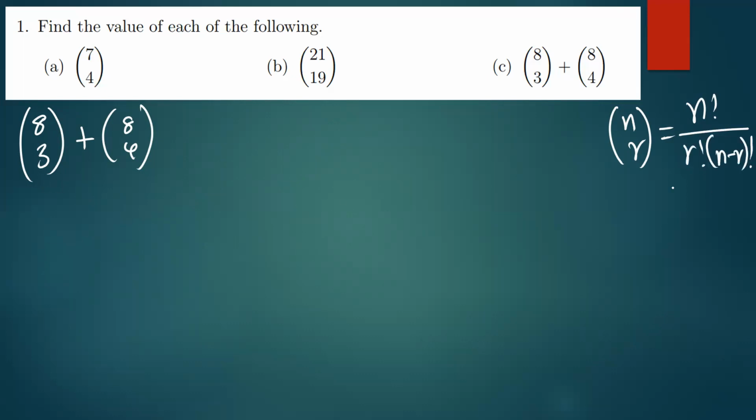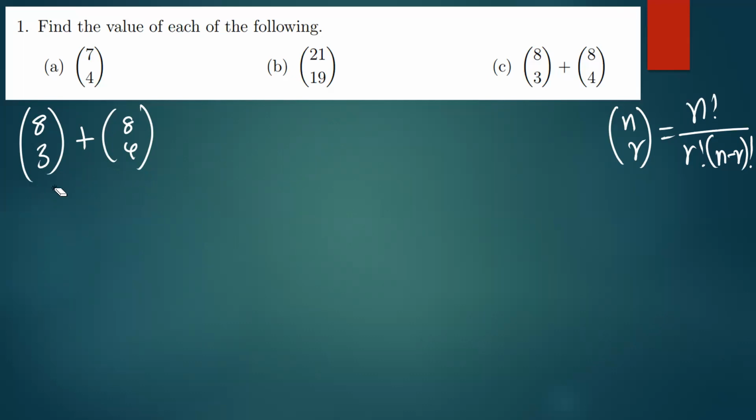So we apply this one here. If a question was asking us to simplify, the method that I'm going to show you would have been the only way to do it. But since it's asking us to find the value, you can first find the value of this alone and also find the value of that alone, and then you add them, you still get the same answer. But let me show you a general way of doing it.